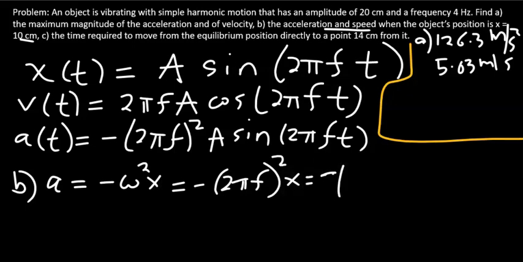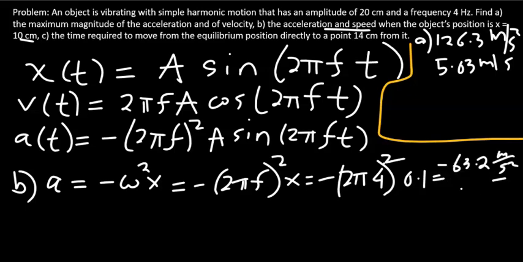Minus 2 pi, f is 4 Hertz, squared, and x is 10 cm. Convert that into meter, 0.1 meter, and that's going to give you minus 63.2 meter per second squared.